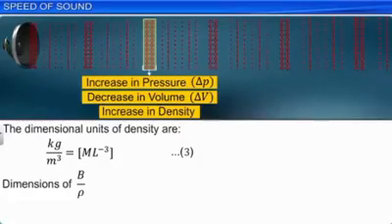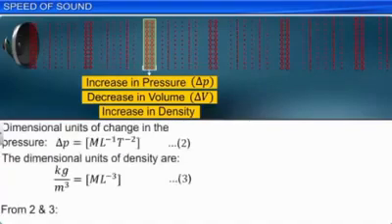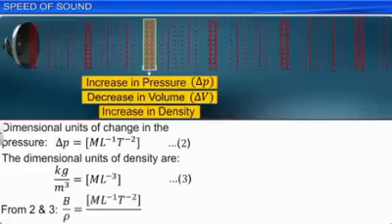B by ρ is equal to the product of L square and T raised to the power minus 2. This can be written as L into T raised to the power minus 1 whole square, which are the dimensional units of V.